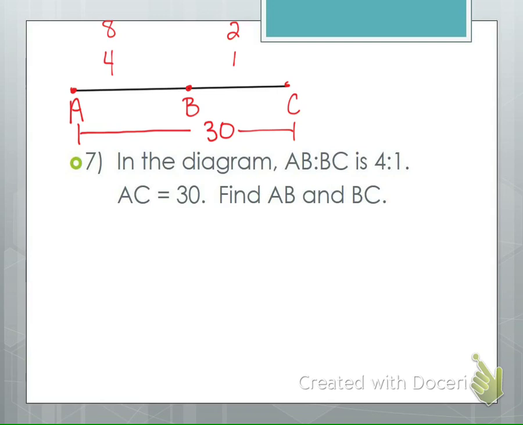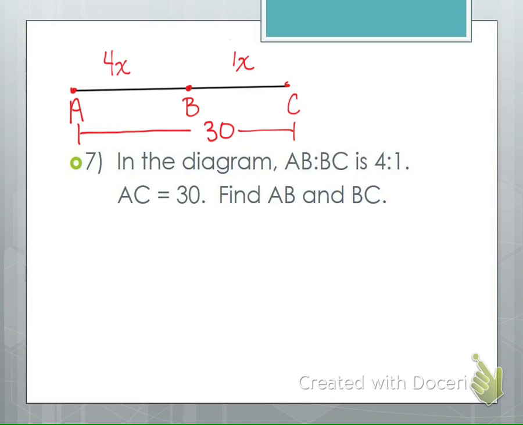Now we could play this guess and check game and say, well, what if we multiply them both by 3? We would have 12 and 3. Is that going to work? No. So instead of playing this whole guess and check game, we could instead just assign each of these an x. We know we're going to multiply them by the same thing, so we'll call that thing x. We don't know what we're multiplying it by yet.